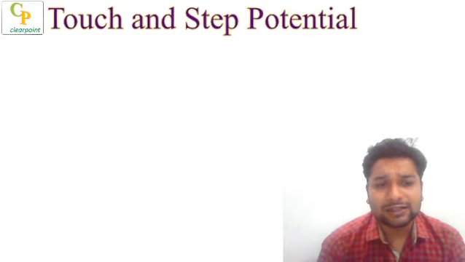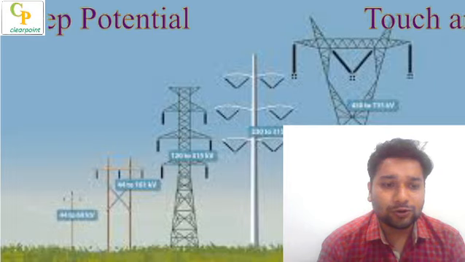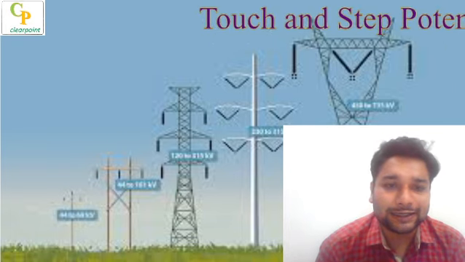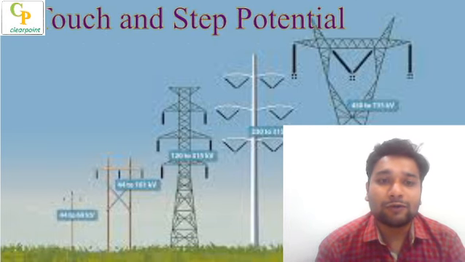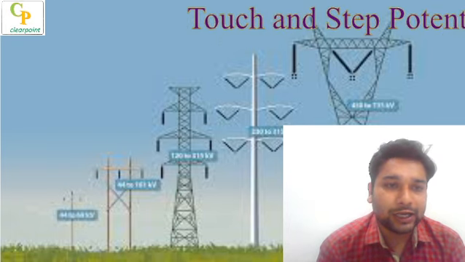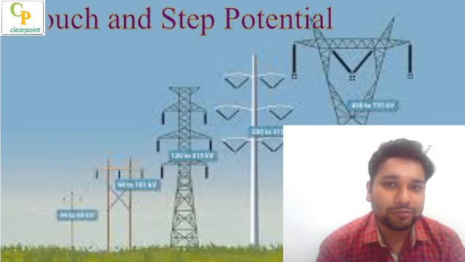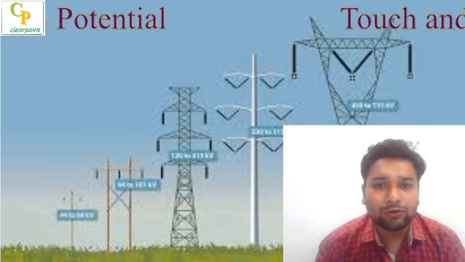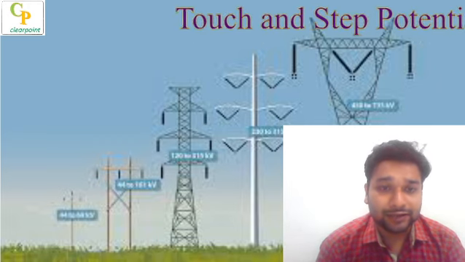So let's discuss it from an electrical point of view. Everywhere we have installed electrical systems, and a bunch of wires transfers power from one city to another with the help of conductors and tower arrangements. Everywhere we are not able to provide earthing.